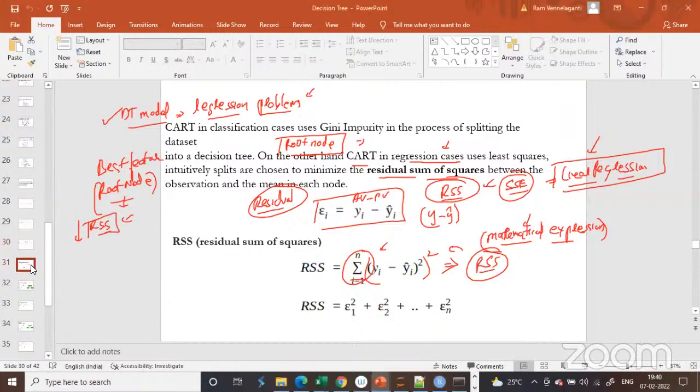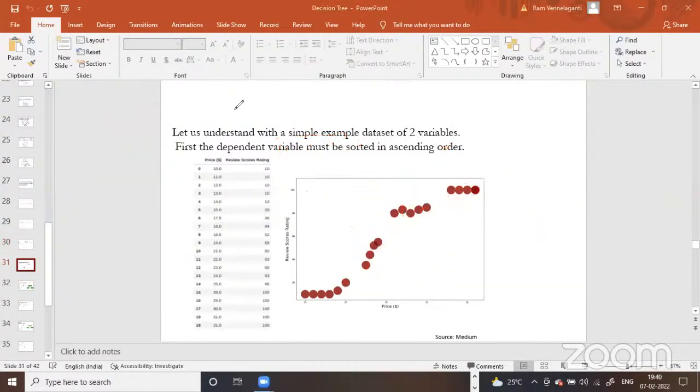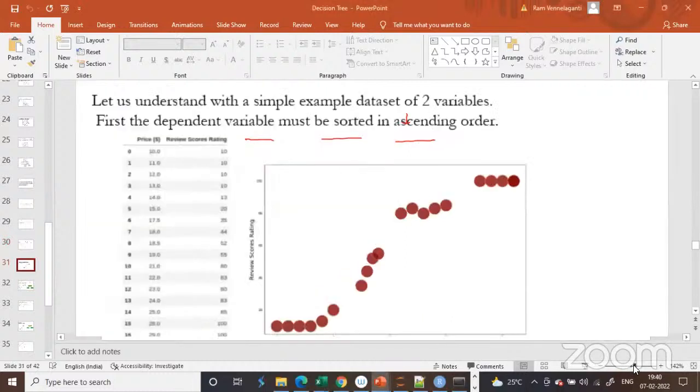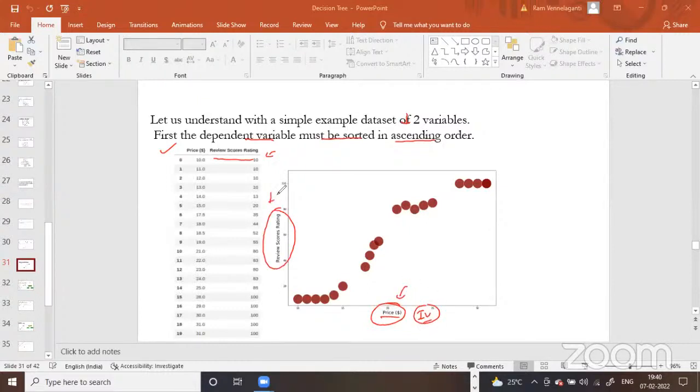So what is the example that you are going to take? Let us consider one example. So let us try to understand the example with simple data set having two variables. So what are these variables that you have? You have our price in dollars and you have your review score rate. So price is our independent variable and we should predict our review score rate.